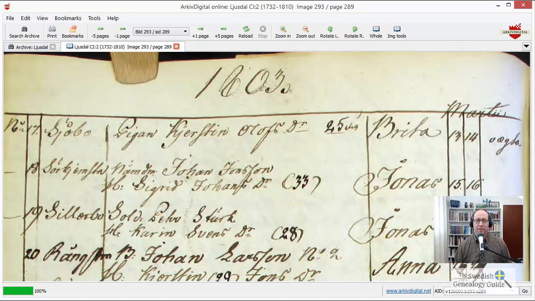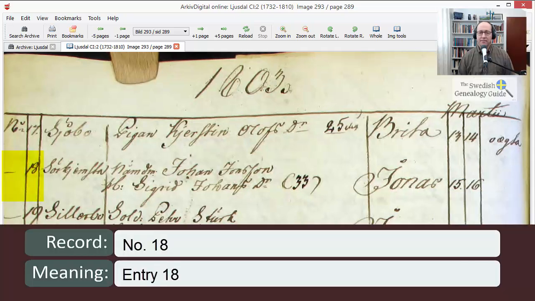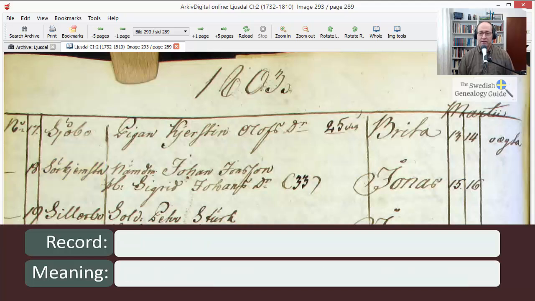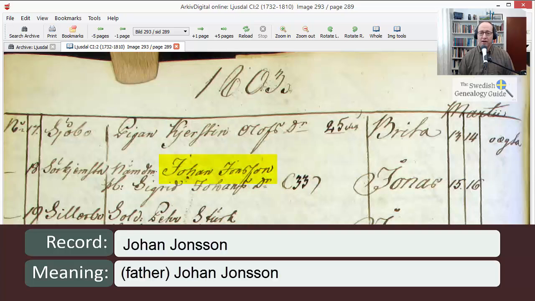So let's take this one. Entry number 18. So we have the entry number on the far left. The mom and dad are living in a place called Sör Kämsta. And their names are Johan Jonsson.